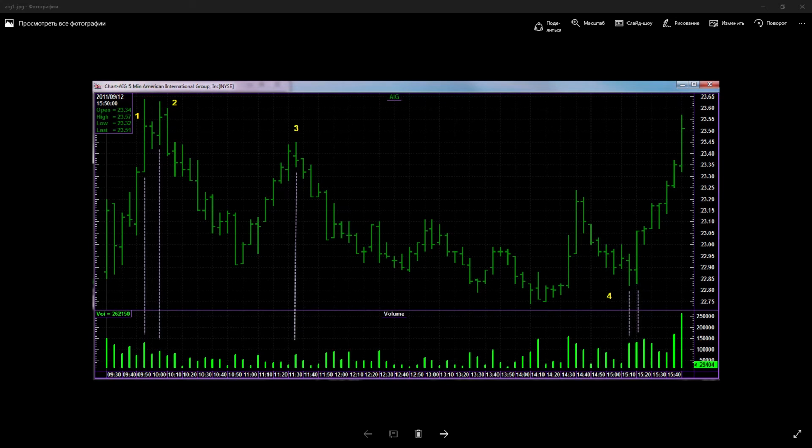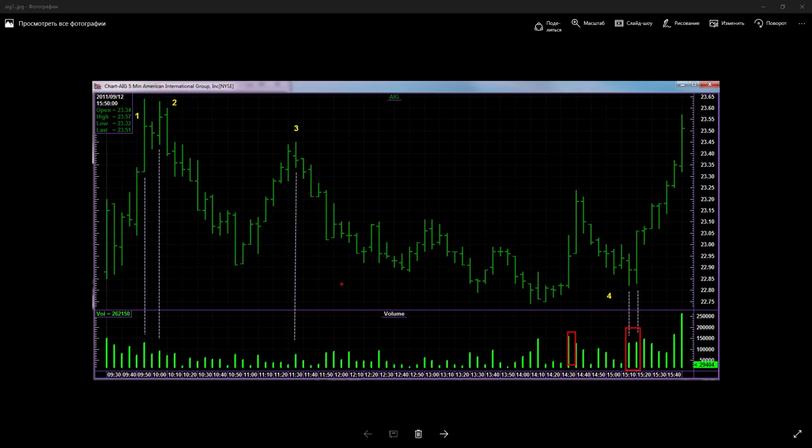Go to the example. In the first example, I show you the difference between a chart with a simple volume indicator and what I use. We see a simple chart with bars and volume. In every bar we can see open, close, high, low, and volume, how many contracts or lots were traded on this 5-minute time frame. Where was this volume?